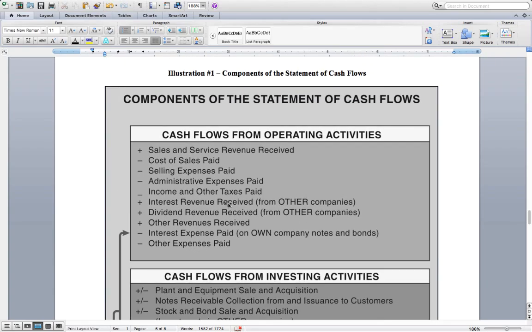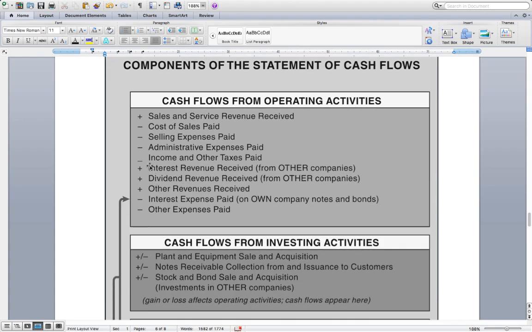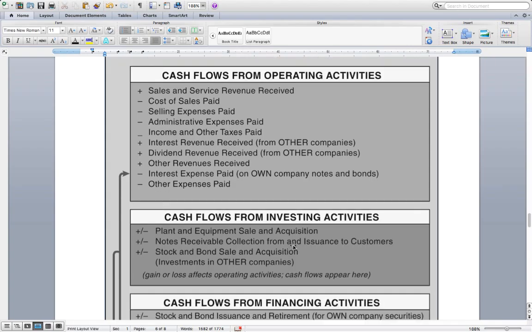These are the three illustrations I was referring to throughout this lecture. And as you can see, it highlights interest revenue received increases. You can see this chart focuses on when it's other companies or is your company, the internal company.